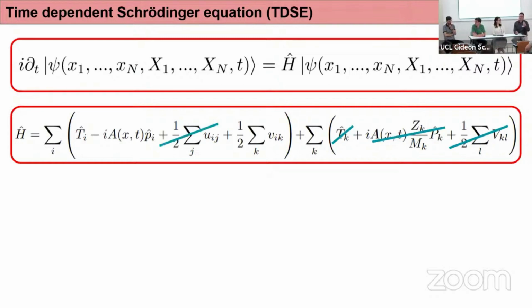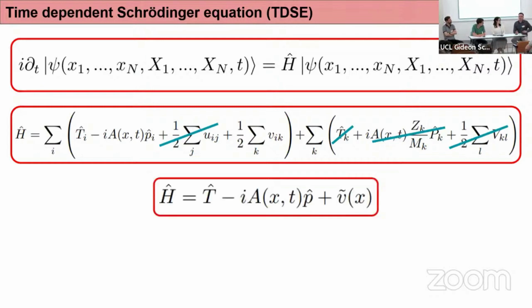And for the interaction of the electrons with the nuclei or the ions, you can define some effective interaction with the background of ions, and then you get to the single active electron picture, which was widely used at the beginning, and today it's still used.